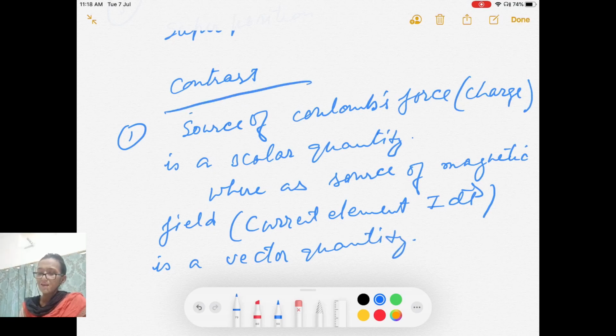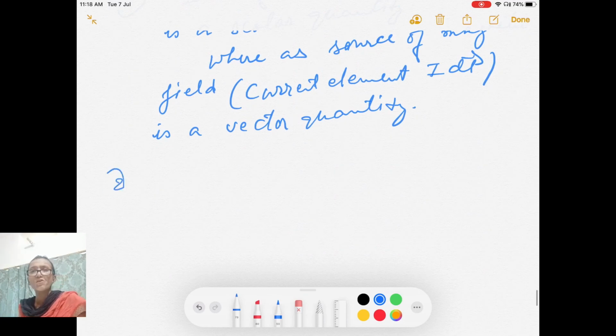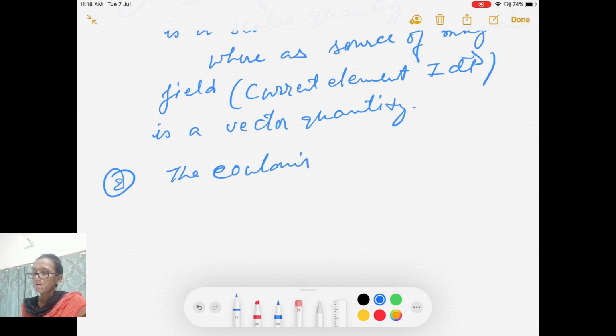Now second contrast, the force in case of Coulomb's force is along the displacement.